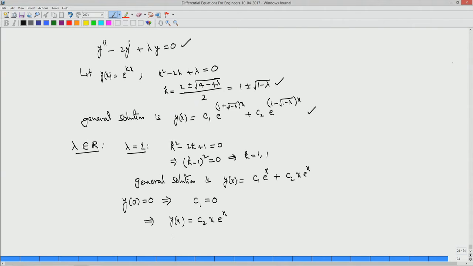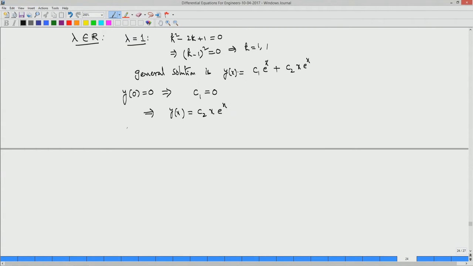Now apply the other boundary condition, y(π) equal to 0. If you apply this, you get c2 π e^π has to be 0. This is possible only if c2 is 0, because e^π is non-zero.